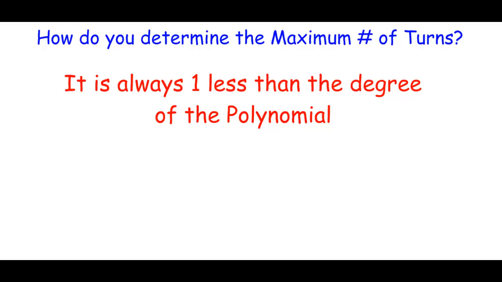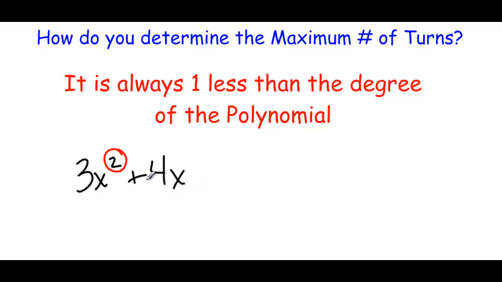So how do we determine the maximum number of turns? It is always one less than the degree of the polynomial. So what is degree? Let's go back to 3x squared plus 4x. The degree, if we put it in descending order, is going to be the value of our largest exponent. We're not going to be dealing with any polynomials with x's and y's in them, to make it pretty straightforward.